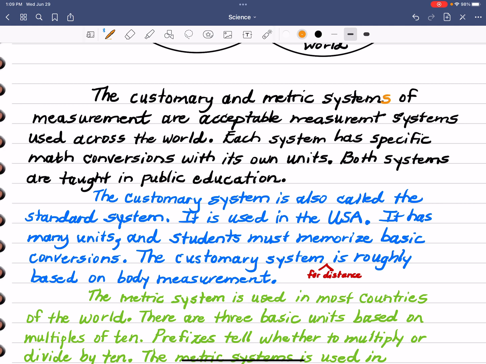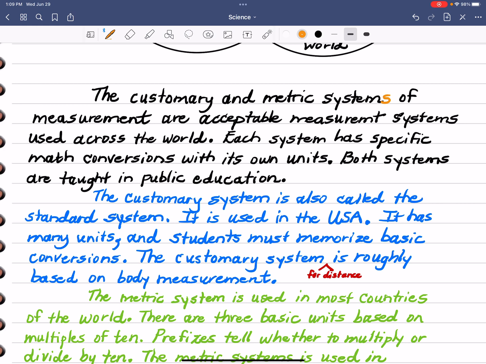Each system has specific math conversions with its own units. Both systems are taught in public education. The customary system is also called the standard system. It is used in the USA. It has many units, and students must memorize basic conversions.